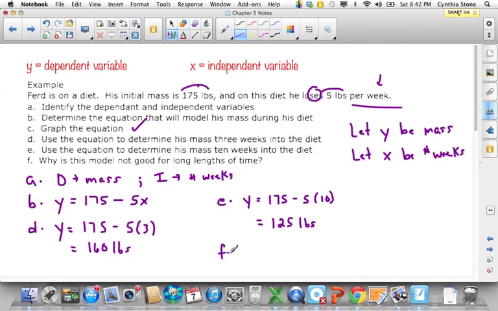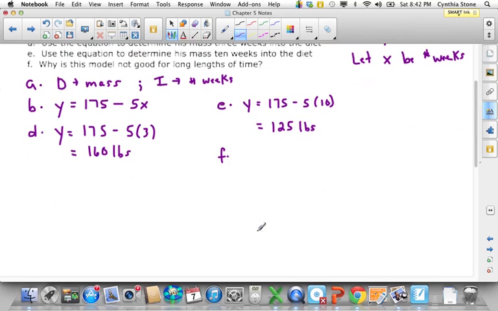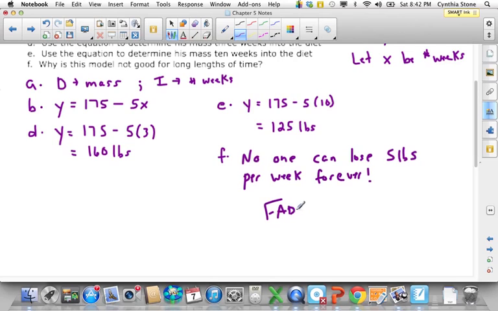So this model only works for a short period of time because from a practical point of view, you're not going to lose 5 pounds a week forever. You'll fade away. All right, done.